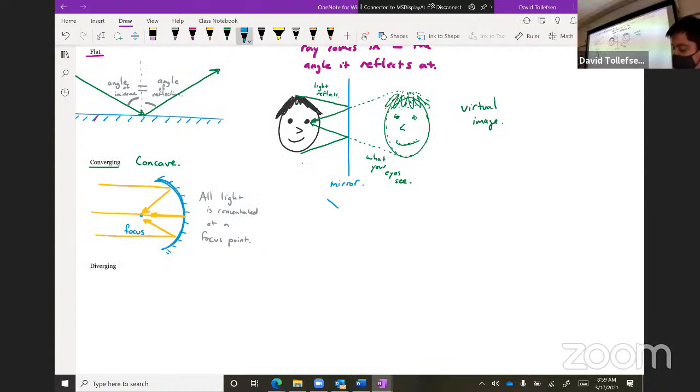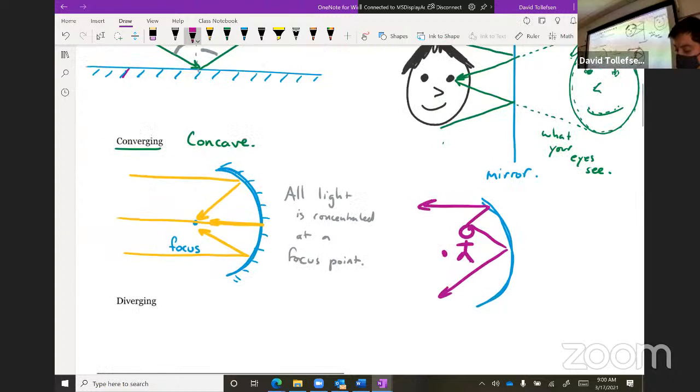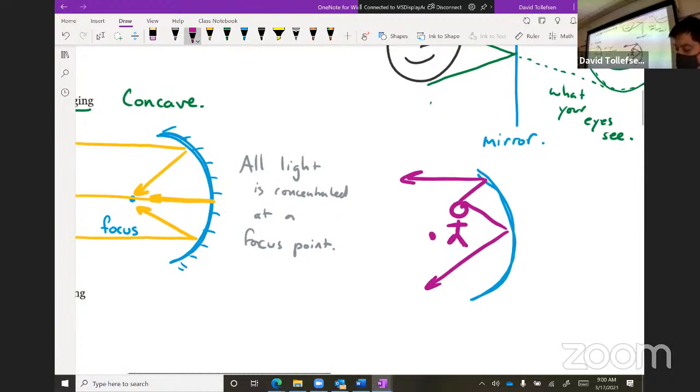So what this does to us is if you're standing inside the focus point, the light is going away from the mirror. All the light is concentrated at the focus point.